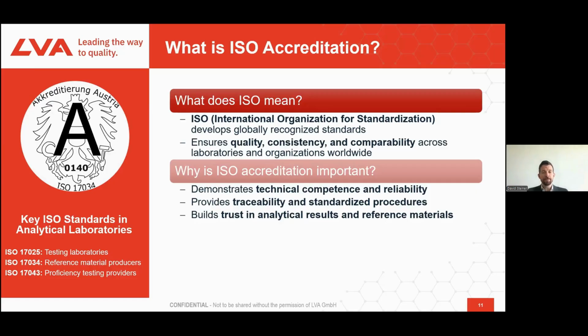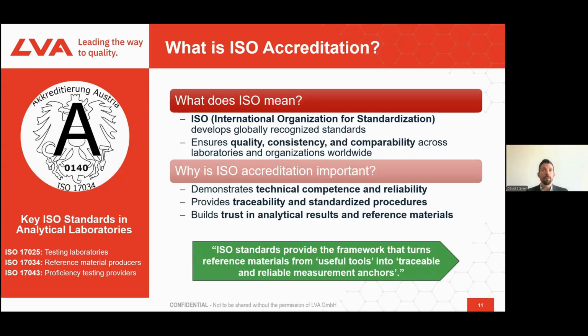In practice, ISO accreditation is not just a formal requirement, it is a clear proof of quality and competence, and it ensures that results generated under these standards are reliable and internationally comparable. For reference materials, it means ISO standards provide the framework that turns a reference material from a useful tool into traceable and reliable measurement anchors.